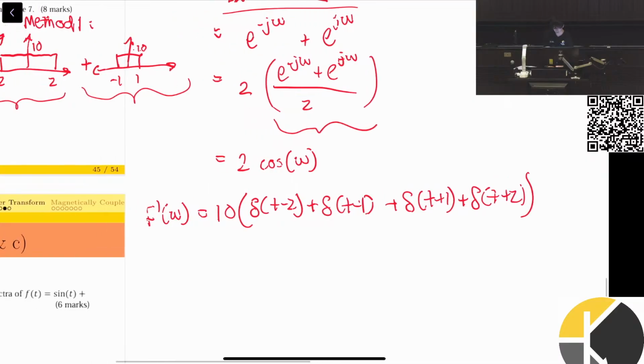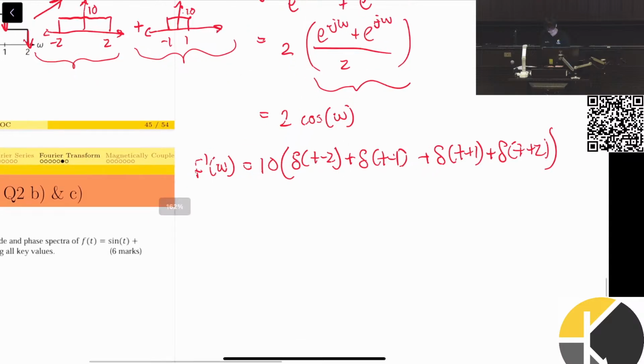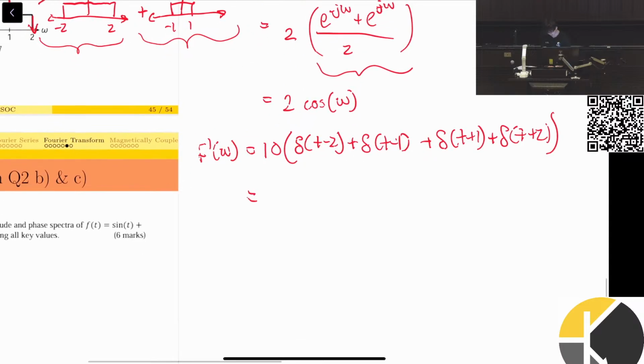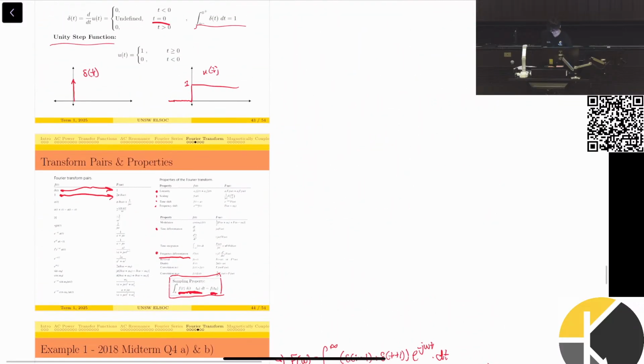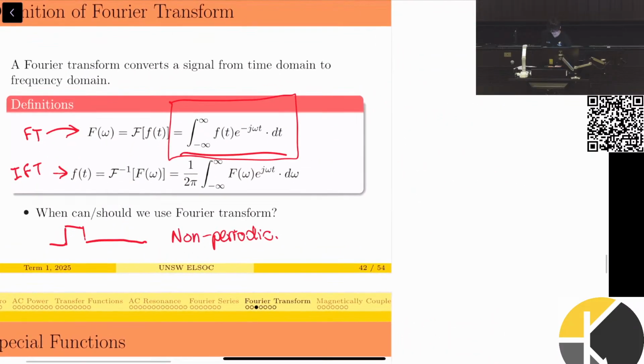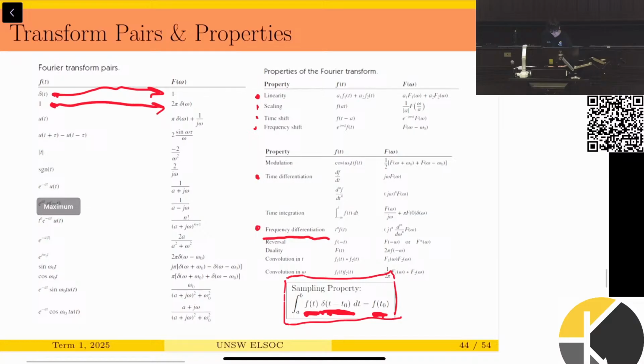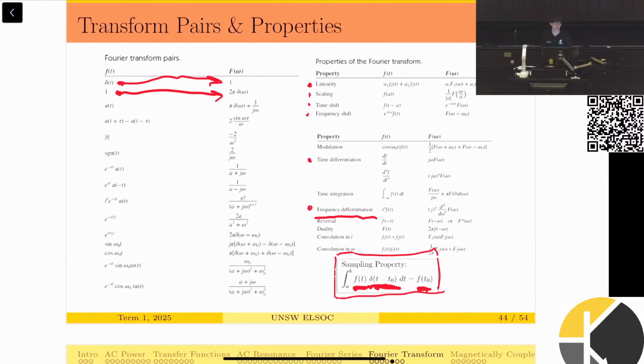So I need to take the inverse Fourier transform, sorry. So if we jump to our definition of the inverse Fourier transform, we could apply this integral to get the answer and use the sampling property. Or another way we might do it is simply using the Fourier transform pairs, which we haven't done yet. So I might do it this way.